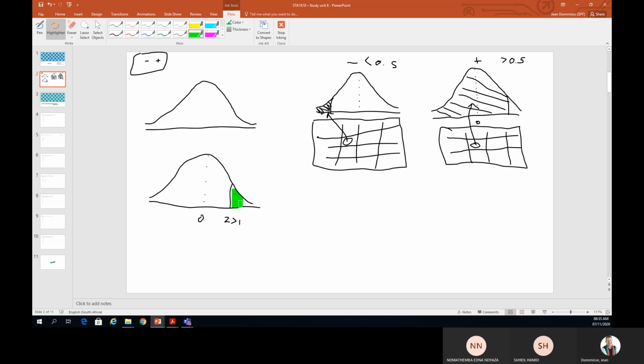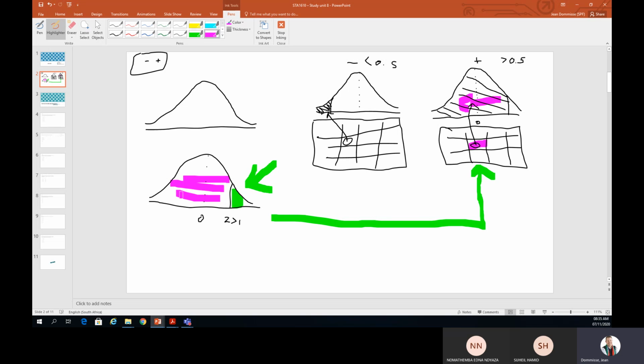What you can use is the table that you're most comfortable with. Remember, it is online, so you have all the tables in front of you. If I needed to get that area, I would go to the positive table. The positive table's value will give me that bigger area.